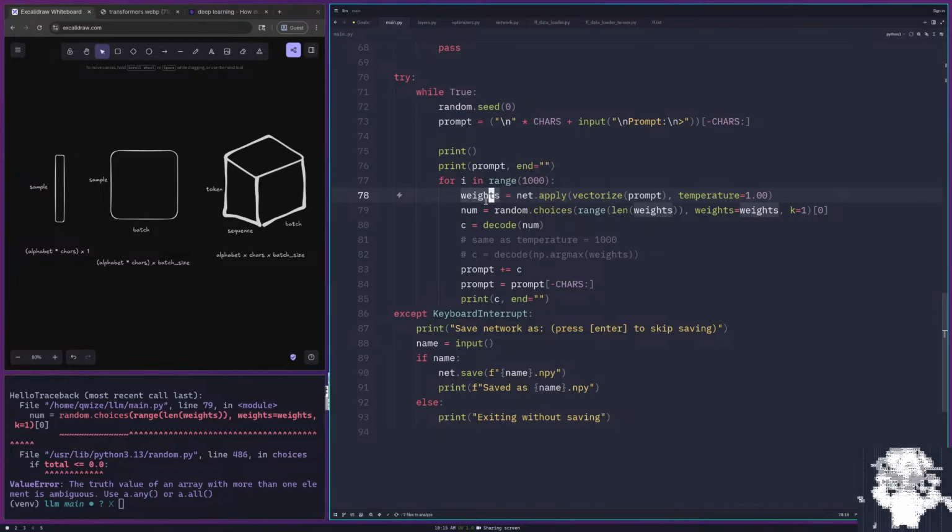Weights is going to be a... what's weights going to be? It's the softmax output, but there's going to be one per sequence, per token in the sequence.